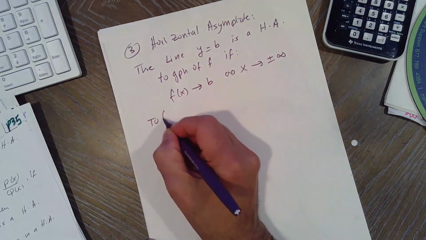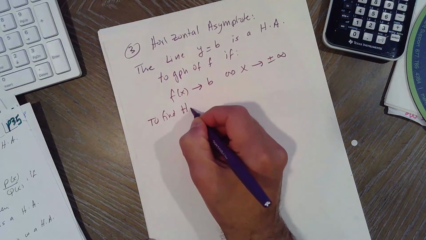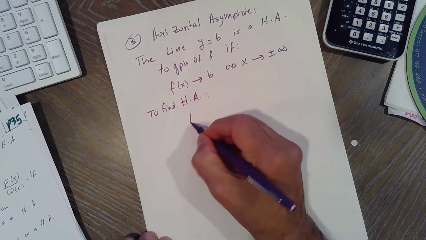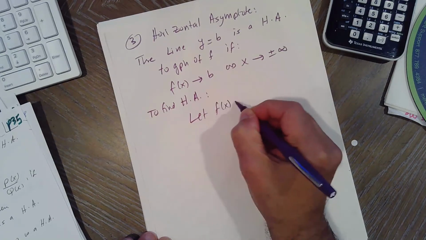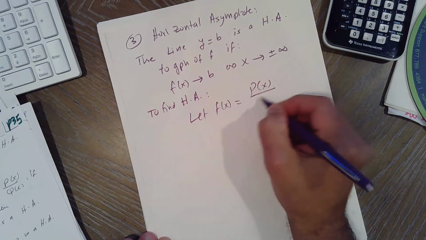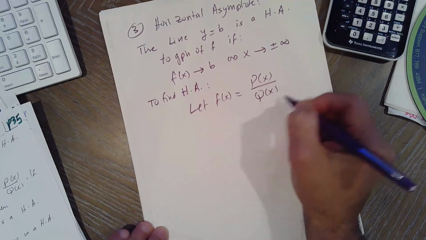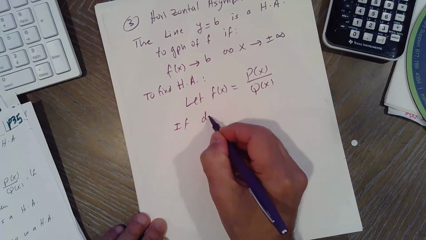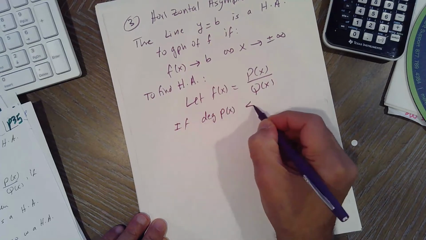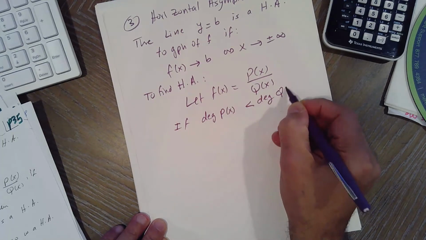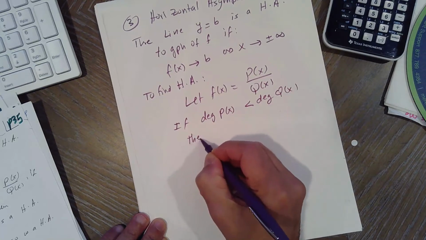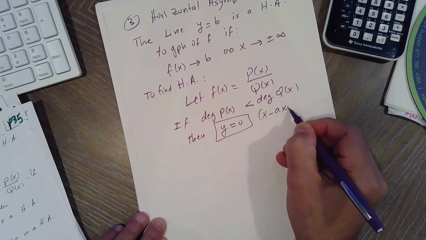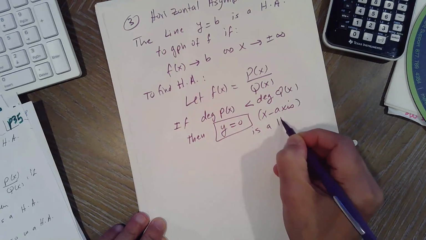Now to find the horizontal asymptote practically, since this is theoretical, let f of x equal p of x over q of x, where p is the numerator and q is the denominator. If the degree of the numerator, p of x, is less than the degree of the denominator, q of x, then the horizontal asymptote will always be the x-axis, y equals 0.